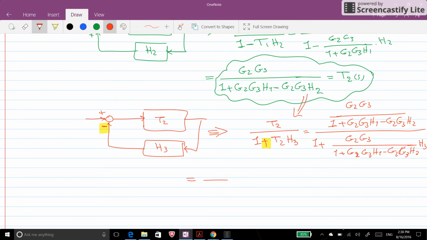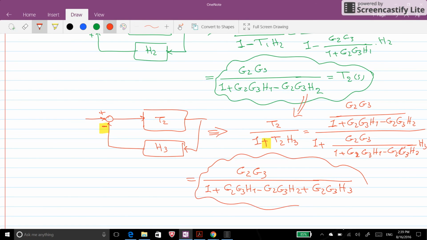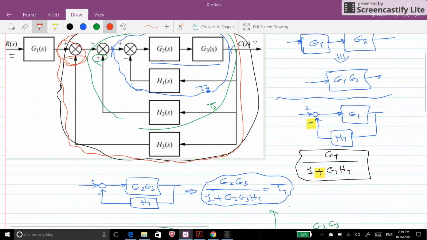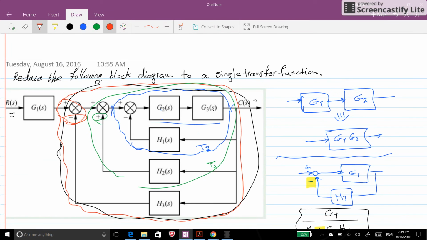And if we simplify it, we will get G2 G3 divided by 1 plus G2 G3 H1 minus G2 G3 H2 plus G2 G3 H3. So this is our T3.